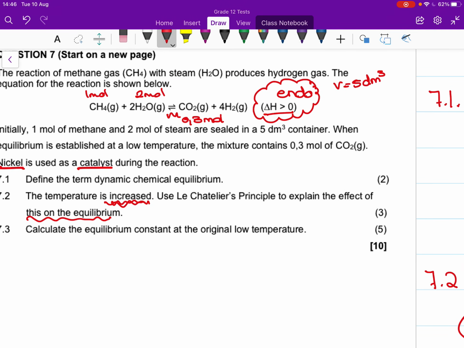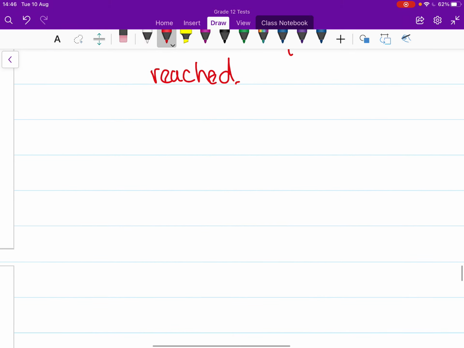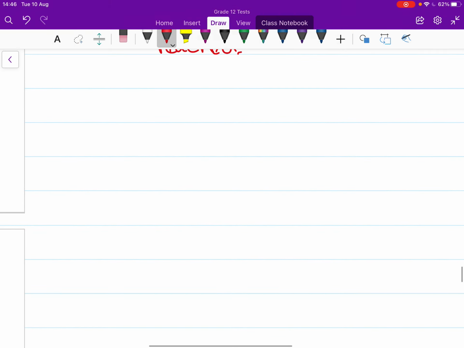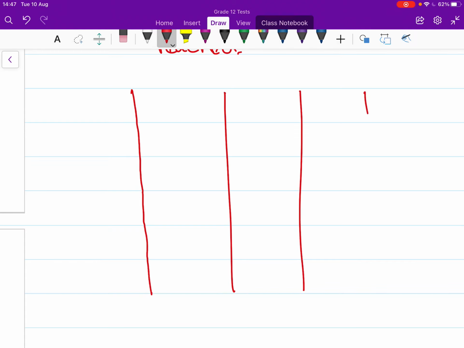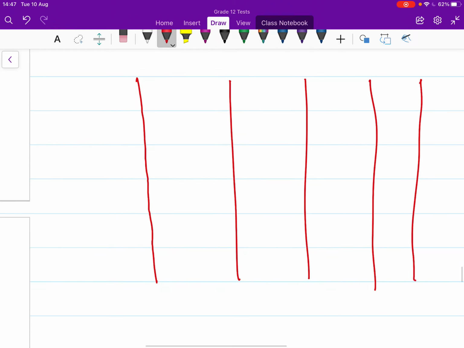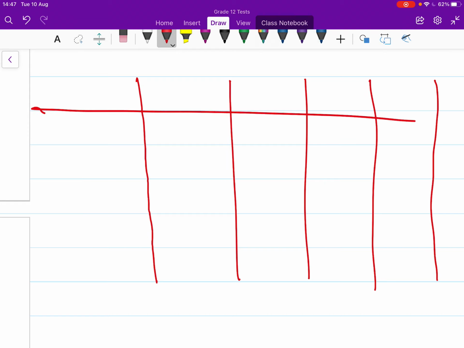I had initial conditions, I've got final conditions, so I know I have to set up a table. So, I know I'm going to set up a table. Ratio, initial, change, equilibrium, and there's 4 things. So we have CH4, H2O, CO2, and H2.